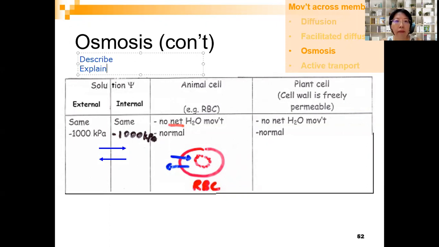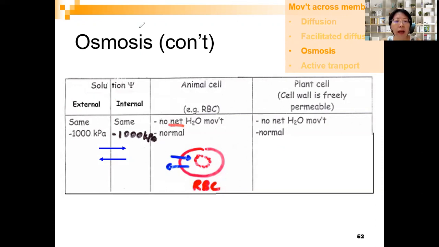Okay, so here you can see that first we start off with the solution, right? And the solution has got a certain water potential. So this is an external solution and this is an internal solution. If you check your notes, I have actually changed it.